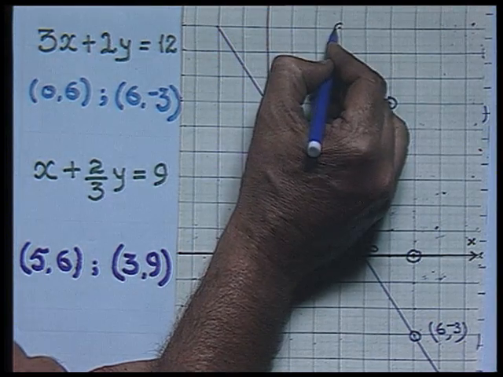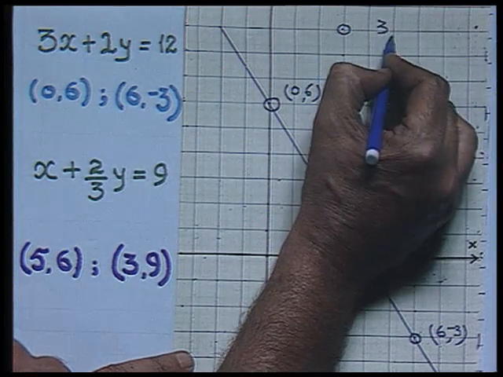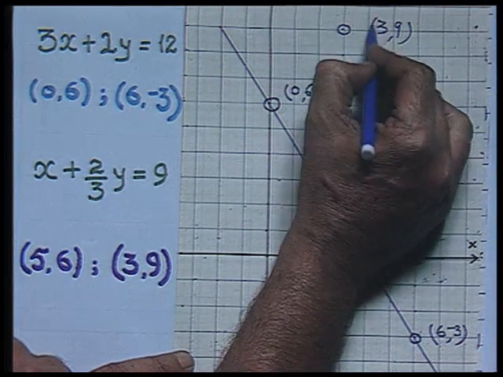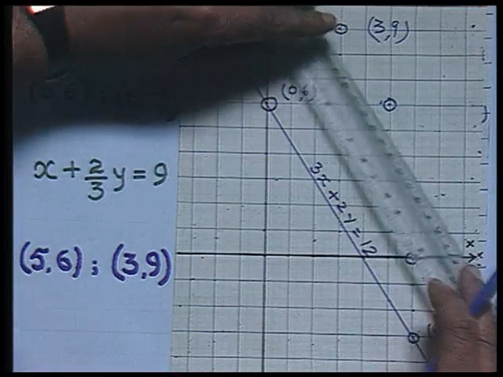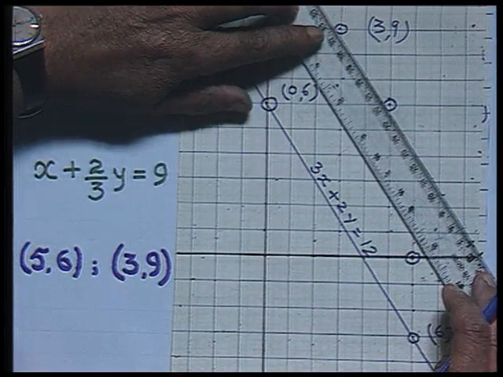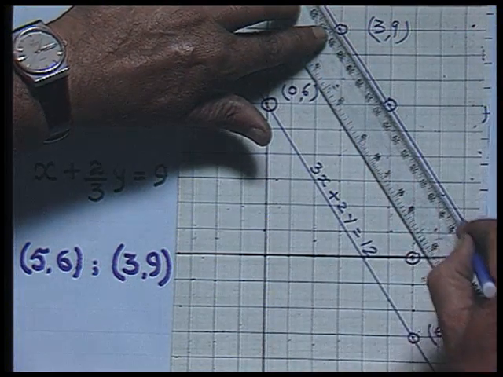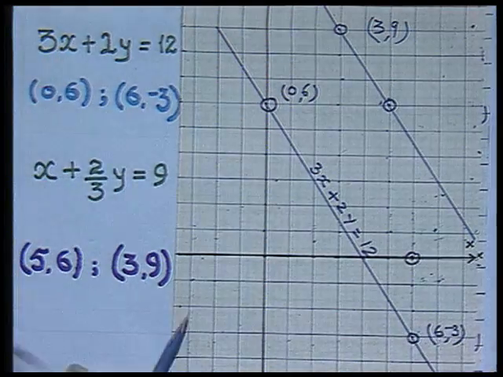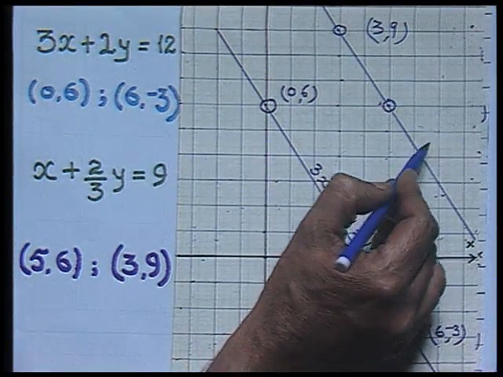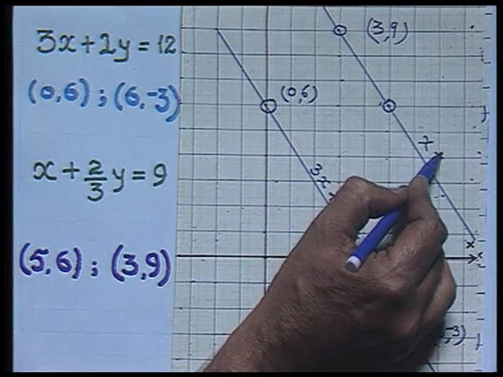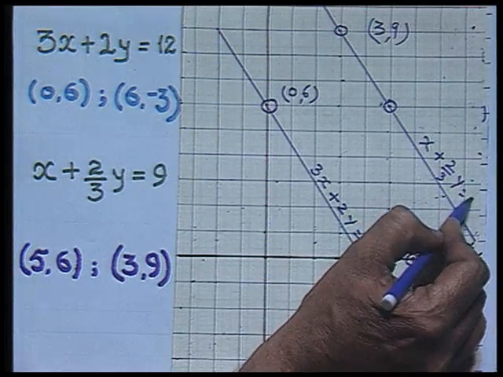So this point is (3, 9). Again joining these 2 points, so this line is 3/2 times x plus y equals 9.